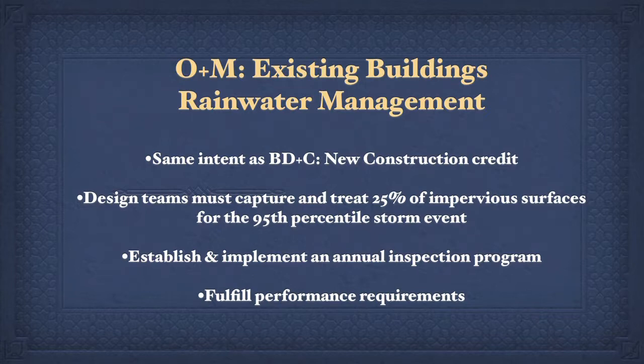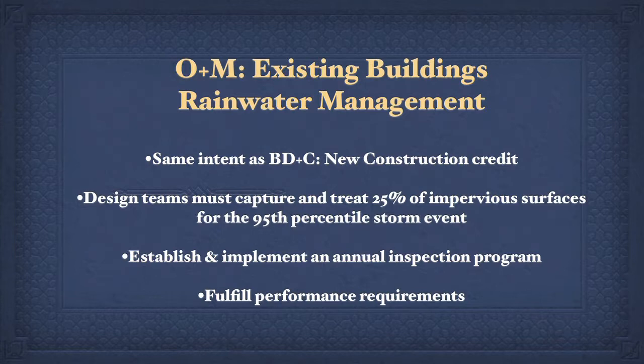Establish and implement an annual inspection program of all rainwater management facilities to confirm continued performance. Performance requirements include documentation of annual inspections, including identification of areas of erosion, maintenance needs, and repairs.